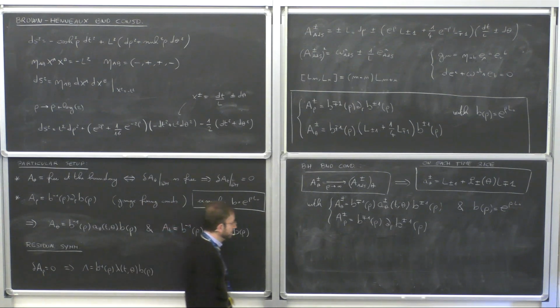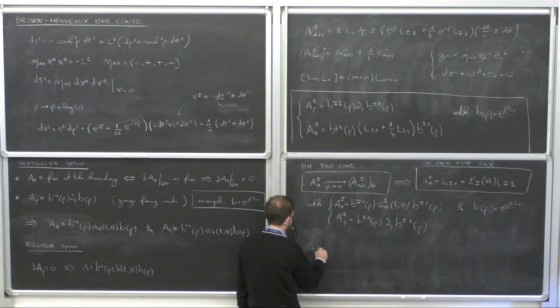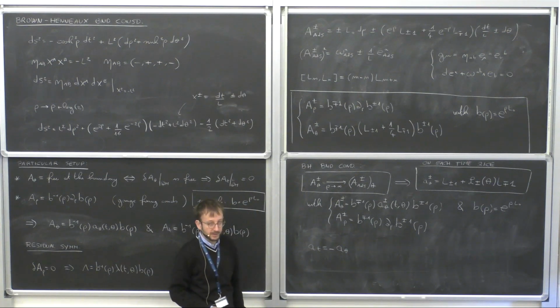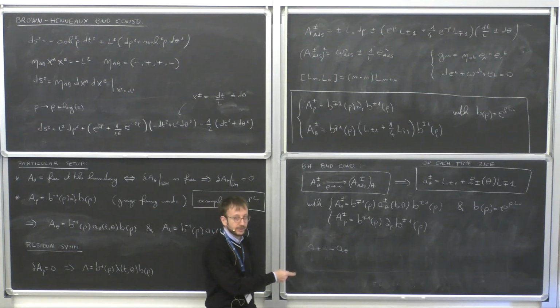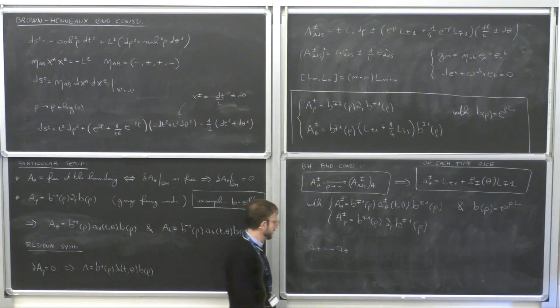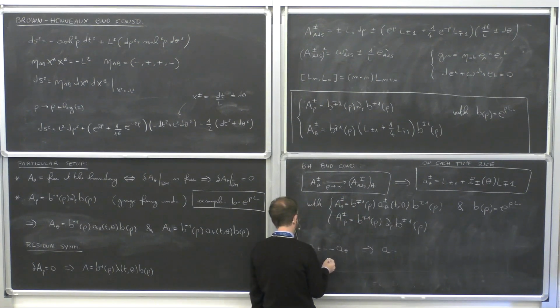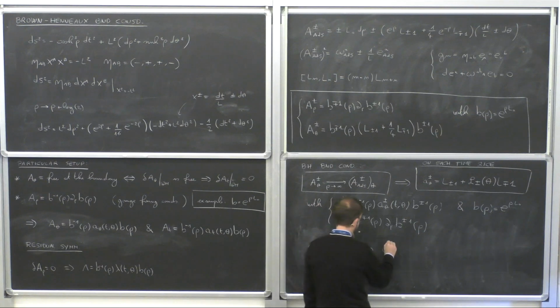So one convenient choice is A t equal to minus A theta. So I can fix the Lagrange multiplier to satisfy this particular choice. This choice is consistent with everything.